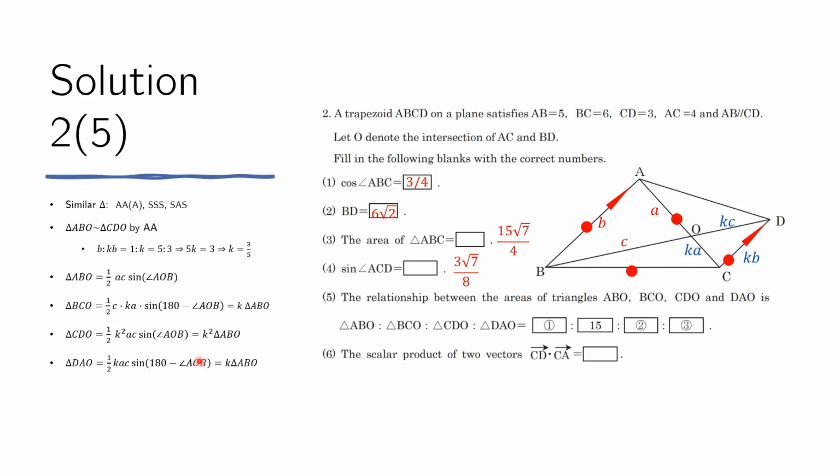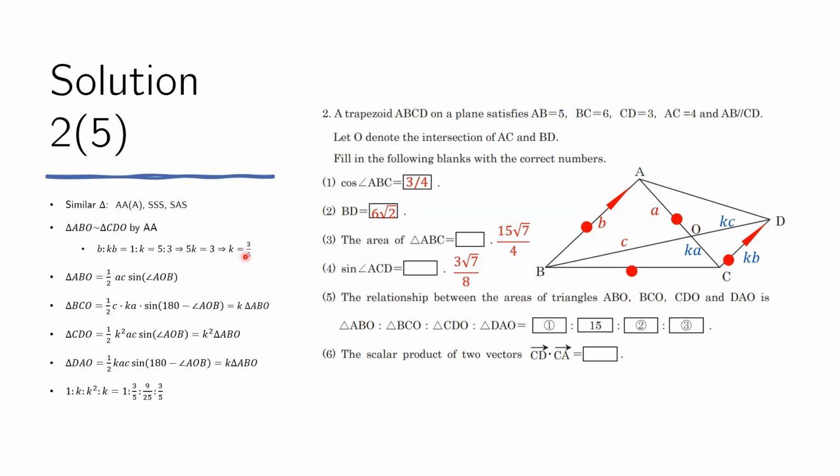And so we are left with 1/2 KAC sine of the angle, which is very similar to this again, with an extra K. So we can write it like K times ABO. And now we can see that we can get the ratio of these areas, and that's just 1 is to K squared is to K.